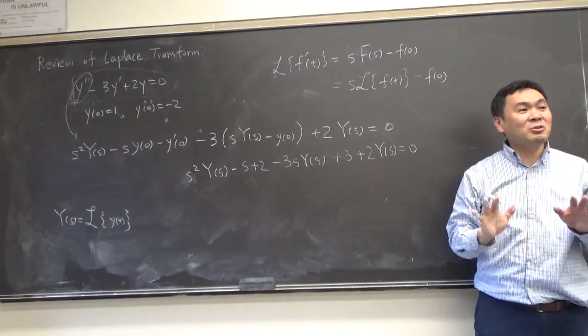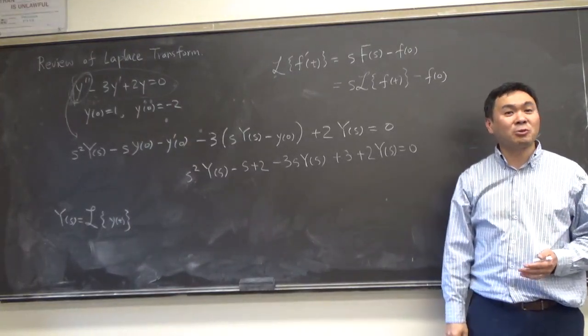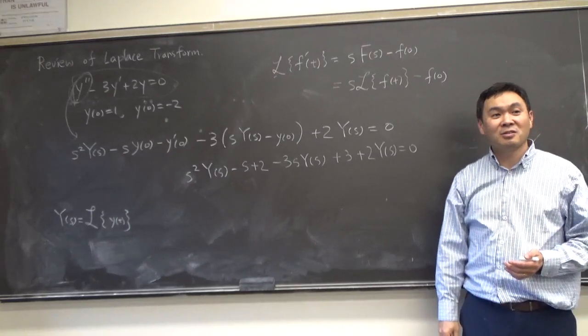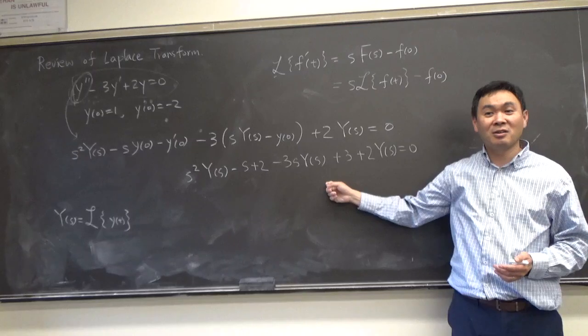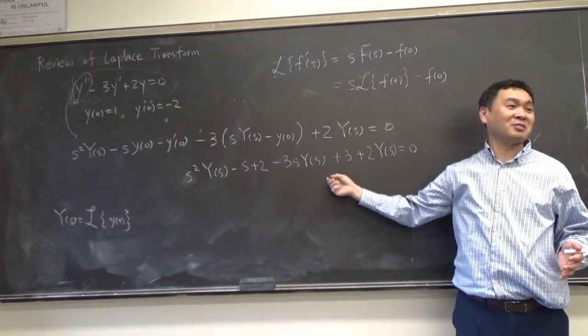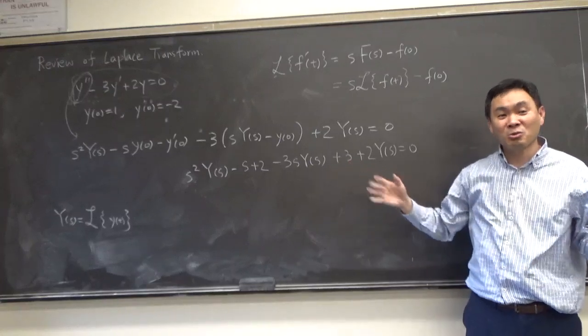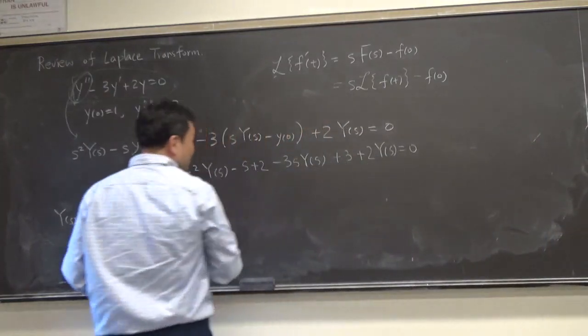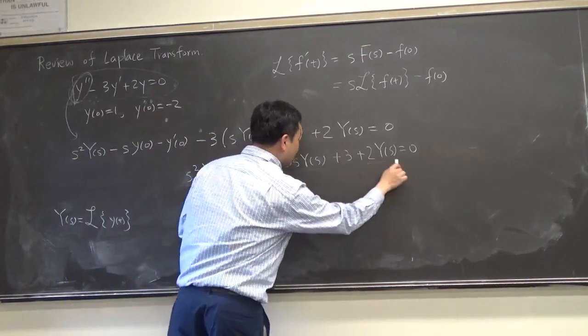And once again, let me stress the fact. What happened here after doing the Laplace transform? We had a differential equation in the beginning. What happened now? No more derivatives. That's the beauty of this. But then we can actually gather all the Y's together.